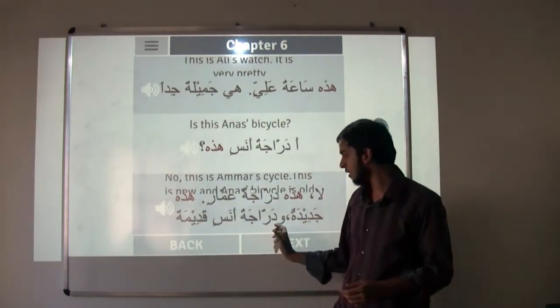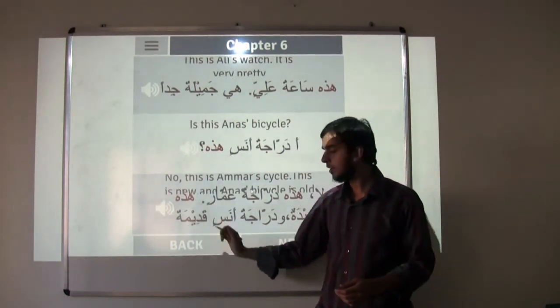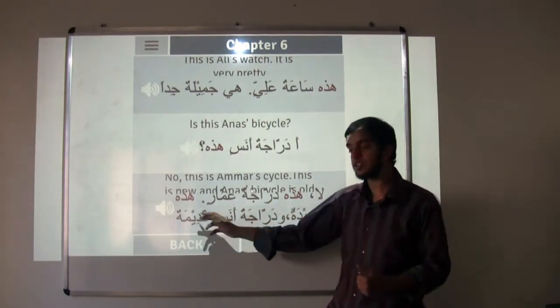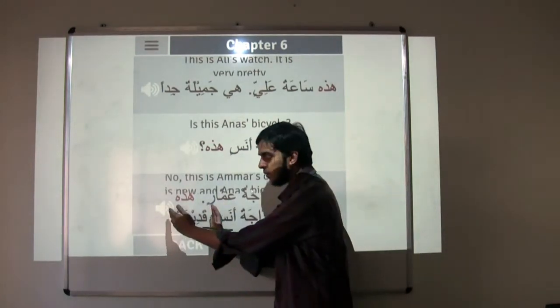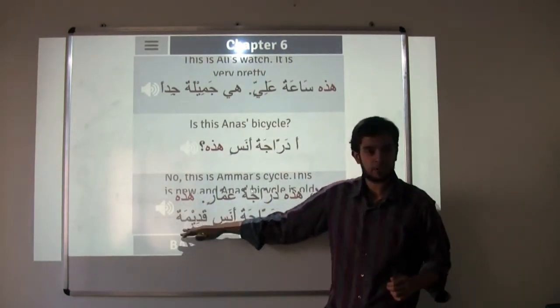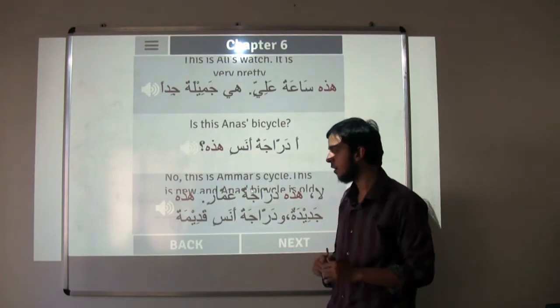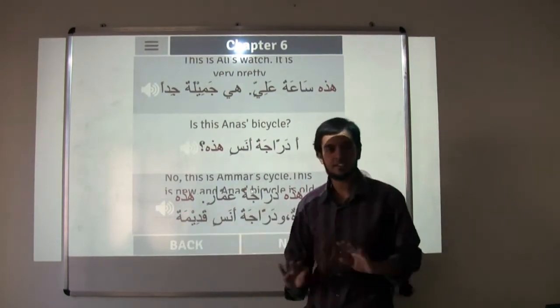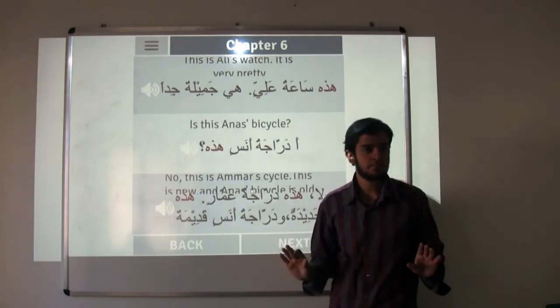Darrajatu Anasin qadimatun, meaning Anas's cycle or bike is old. So here it is actually a khabar and not an adjective per se. Okay, so you need to remember this. Only remember the ta marbuta, and your life becomes simple.